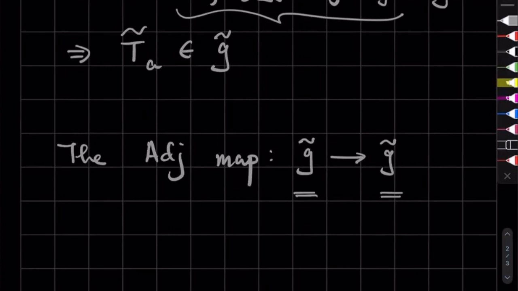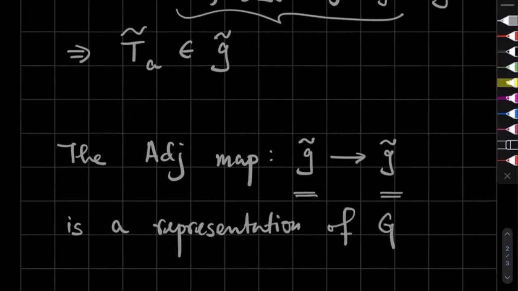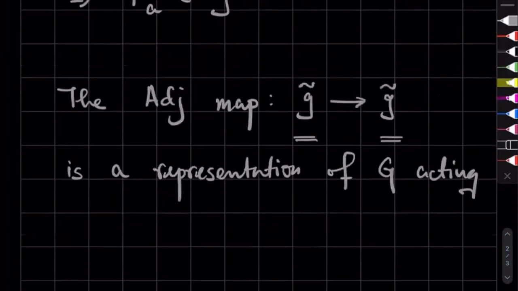So the adjoint map is a representation of G. G usually acts on some vector space, but in this case, the vector space that it acts on is G tilde.